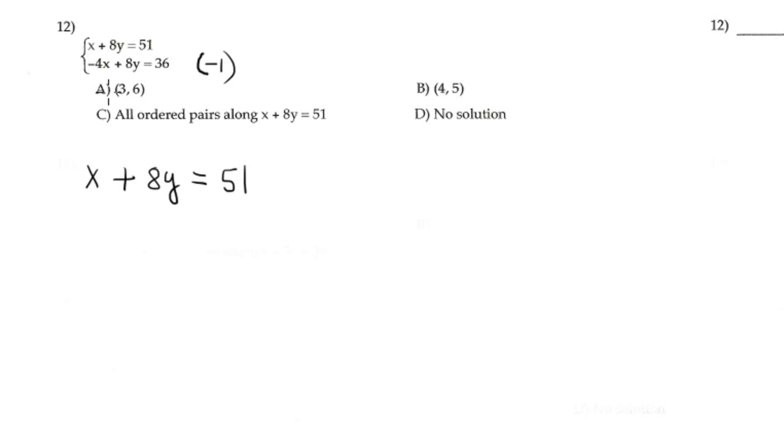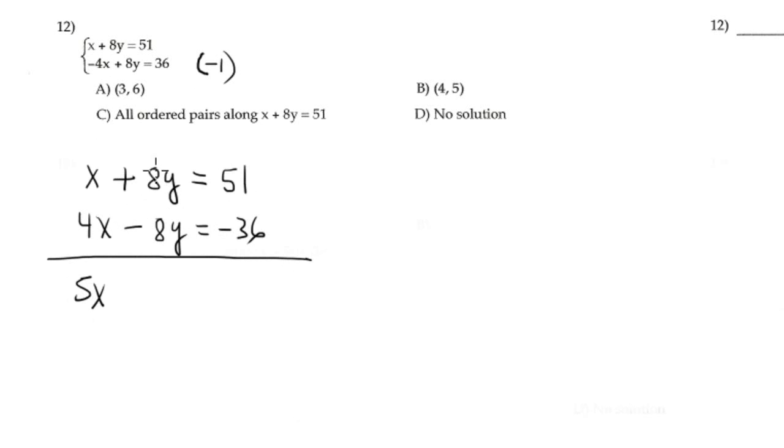However, when you multiply the second by negative 1, we have negative 4x minus ay equals minus 36. And when you add it by column, we have 5x, the y part cancels out. The right side is 15, because 51 minus 36 is 15, divided by 5 both sides, x equals 3.